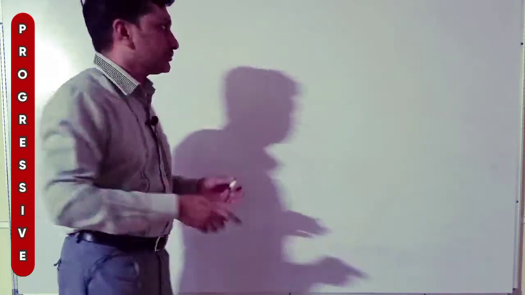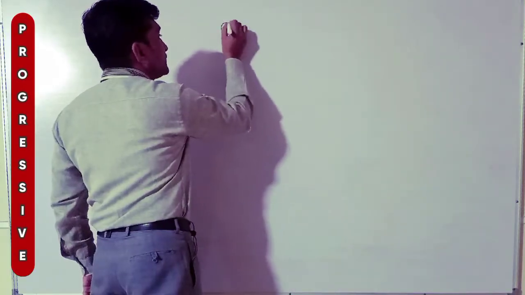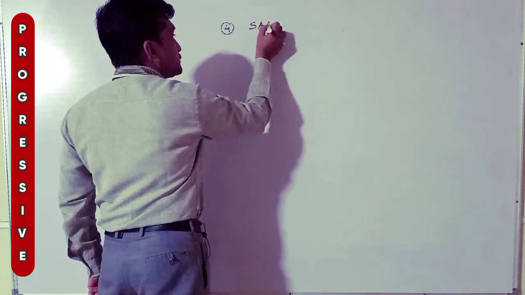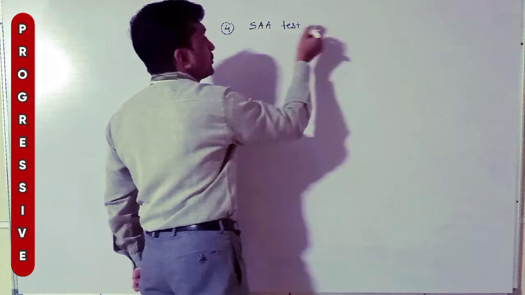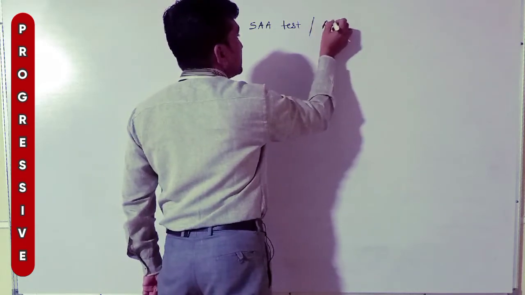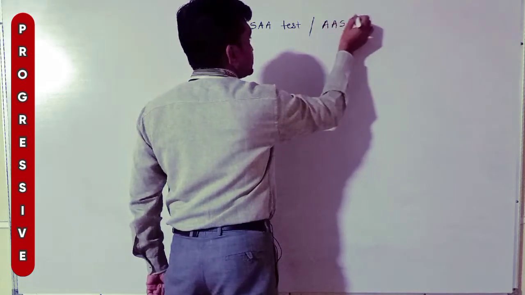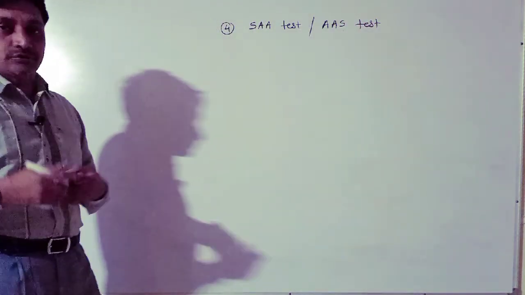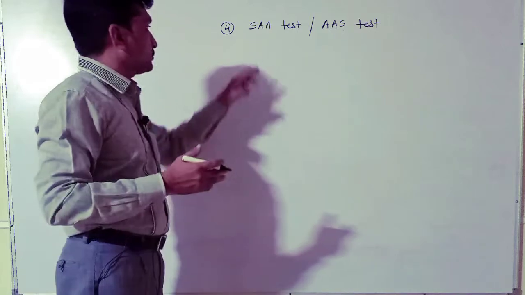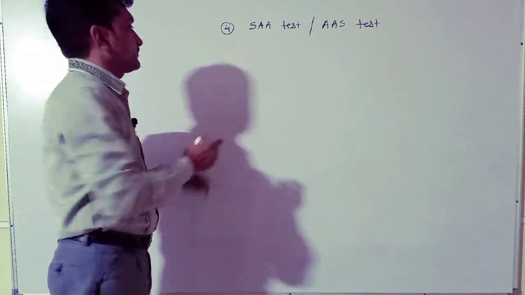Now fourth test, that is SAA test, or we can write it as AAS test. Now you understood, one side two angles.